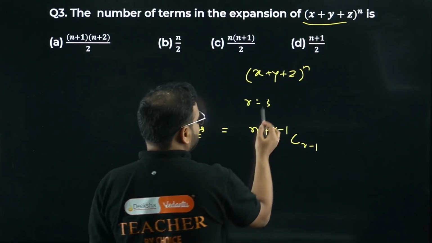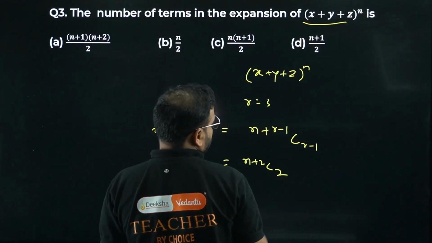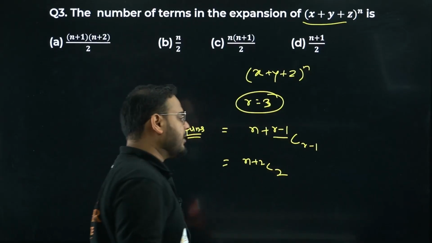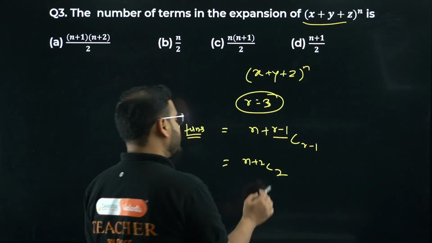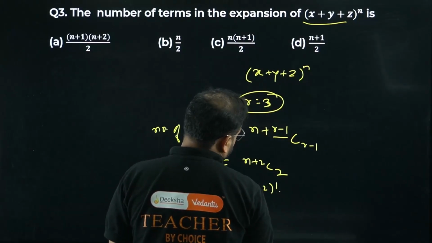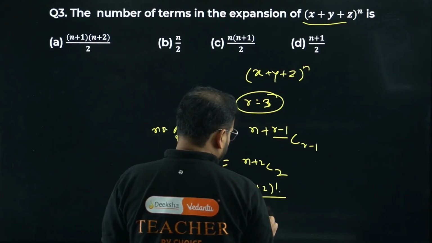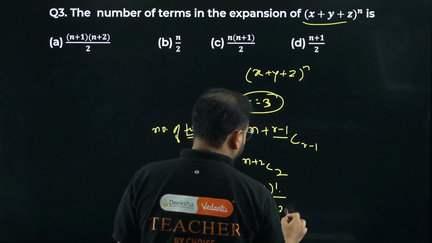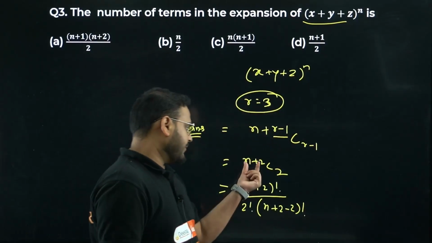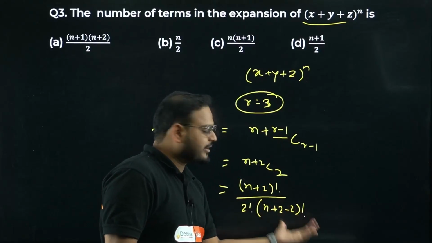So r value is 3 means r minus 1 is 2, so I can write this as (n plus 2) C 2. I get here (n plus 2) factorial upon 2 factorial times (n plus 2 minus 2) factorial.